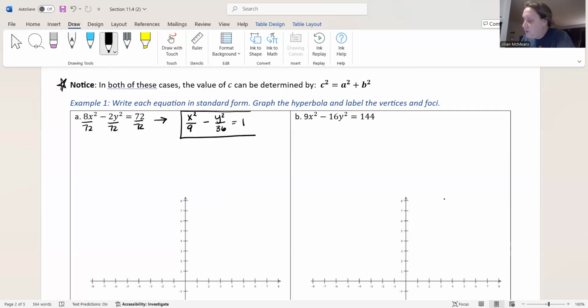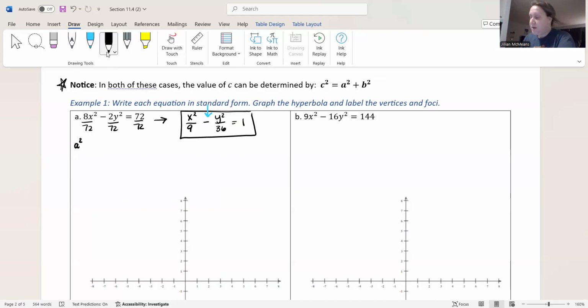And we're definitely dealing with a hyperbola. And I know this because we're subtracting. Okay? So let's just take a really quick moment and acknowledge what A and B are, and then we can figure out what C is, and then we can find the vertices and the foci. So let's talk about A. A squared is given to us. In this case, let's always say it's the value that's under the main term, the positive term.